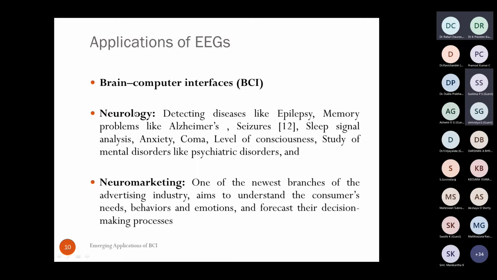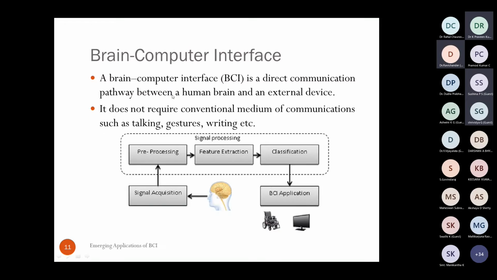Neurology is basically for doctors, and brain computer interfacing is basically to generate a new augmentative medium of communication mainly for physically disabled persons. My research is basically in the first part, brain computer interface. So what basically is a brain computer interface?